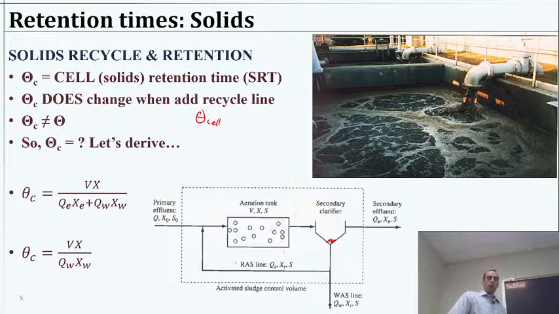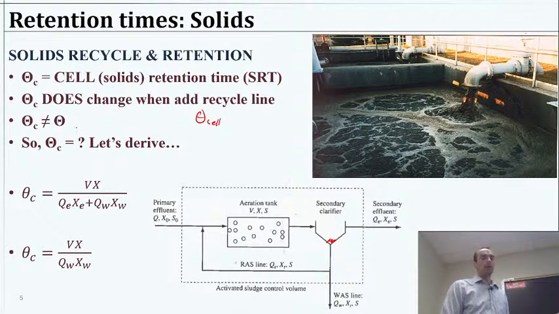Okay, so then if we had no recycle, the solids retention time should be the same as the liquid retention time, right? The hydraulic, because it's just the flow rate taking the solids through, and that's that. So in terms of the amount of time that it's spending in there, theta C would be equal to theta if there was no recycle.